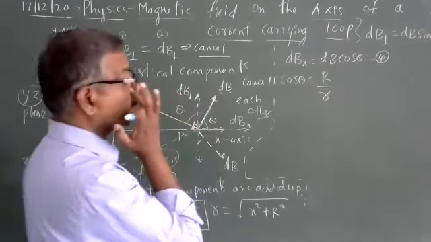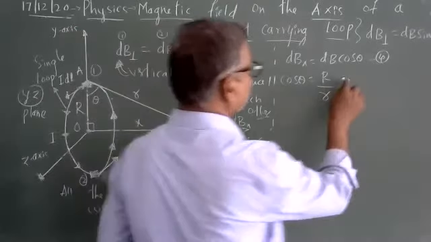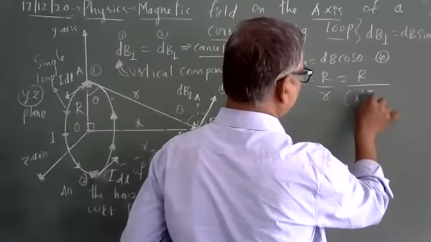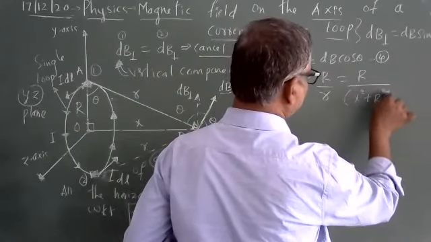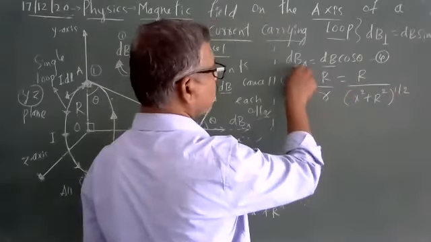These equations I'll be putting here. I know what small r is: small r is equal to x square plus capital R square to the power 1 by 2. Now dB I already know. Now let me go for this equation.